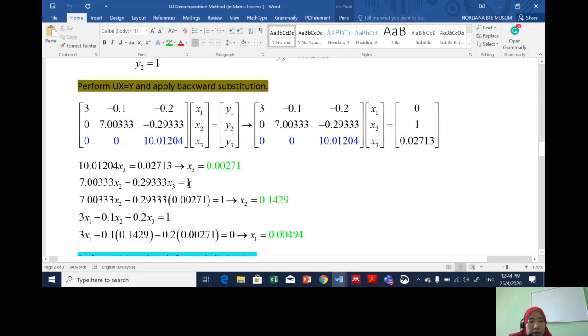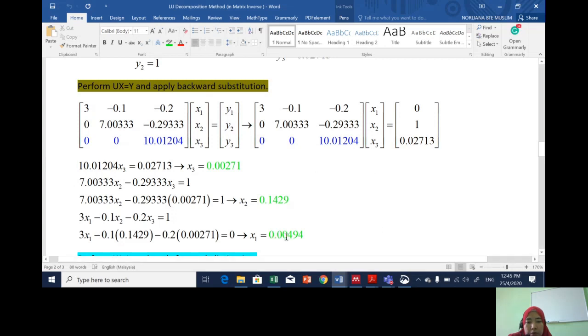Let it equal to 1. And then solve for unknown x2. And then we do it until the first row. Write down the equation. Substitute the previous values that we have found. Then solve for x1. So we have the terms here, x1, x2, x3. Then we write down these numbers in our second column of the matrix inverse.